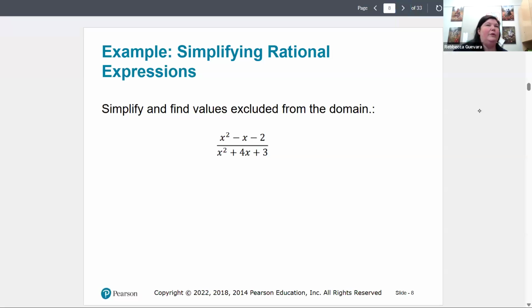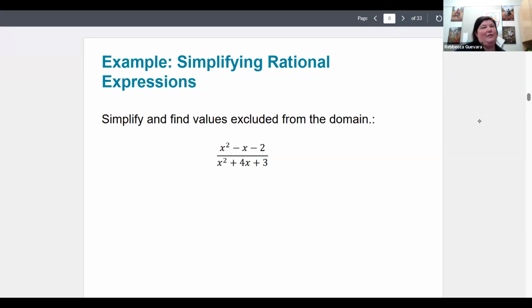So here, we want to do the same thing. We want to simplify and find values we have to exclude from the domain. So we'll see why I'm doing the domain first. So I'm going to find the domain first. Remember, we're only interested in what happens on the bottom. So we just take x squared plus 4x plus 3, and we want to figure out where that equals 0.